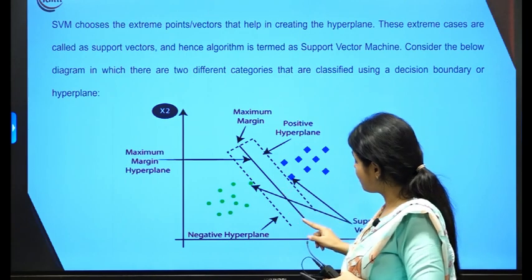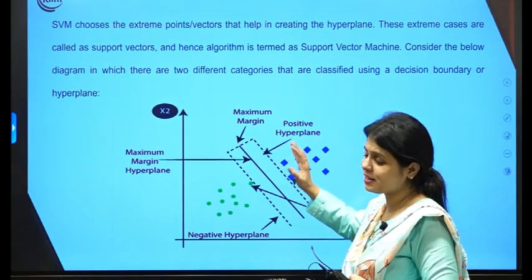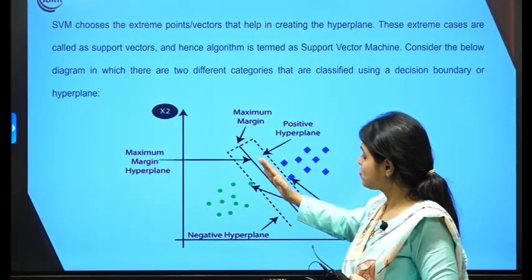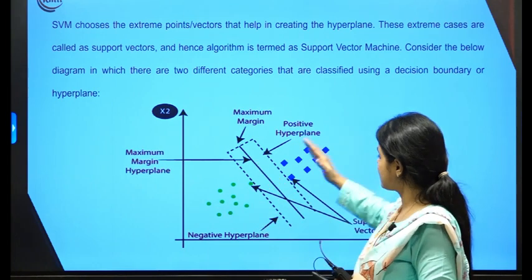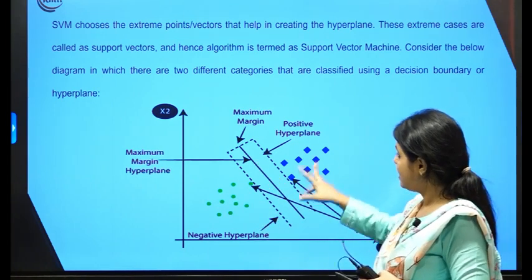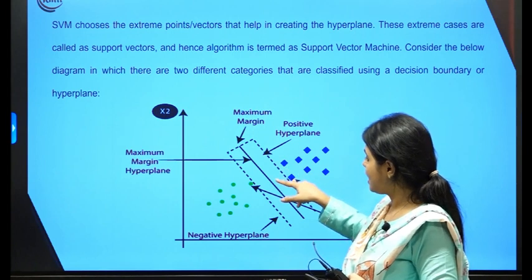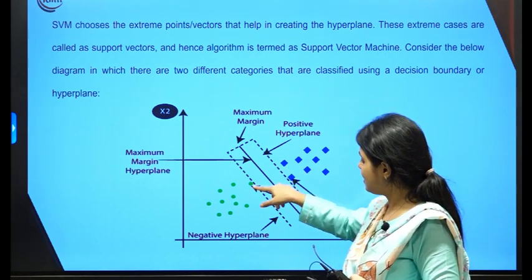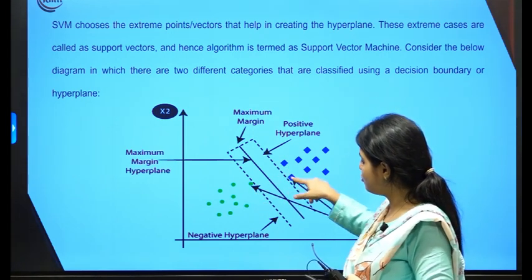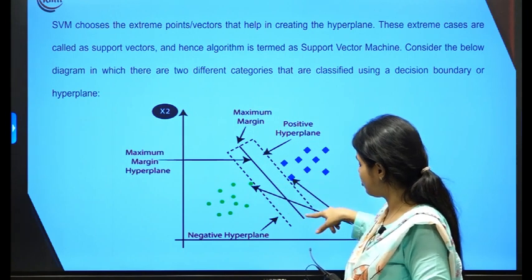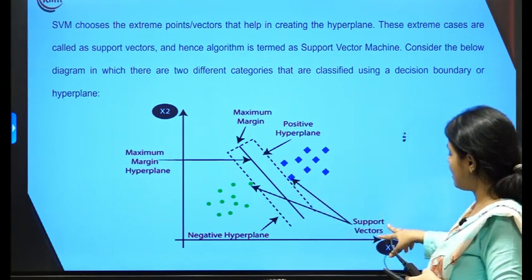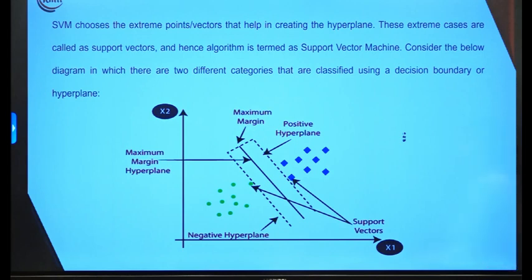Now I want to draw a hyperplane, or SVM actually draws a hyperplane which will clearly classify green circles from blue squares, and SVM will allow us to choose the nearby values in each class before we actually draw this hyperplane, and these are called support vectors.